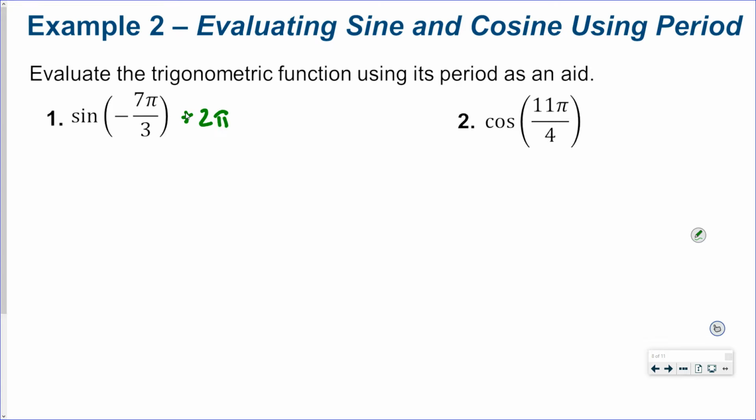So this is using the period as an aid, but it's really just finding a coterminal angle. So remember, we need common denominators to do this. So it would be 6 pi over 3, and then we get negative pi over 3, which we can easily find on our unit circle instead of trying to count and figure out where negative 7 pi over 3 is. So then we can use that.